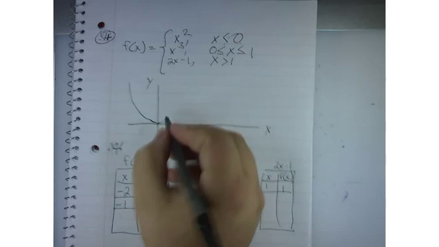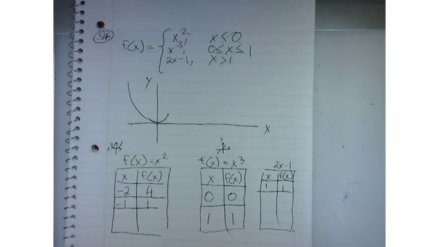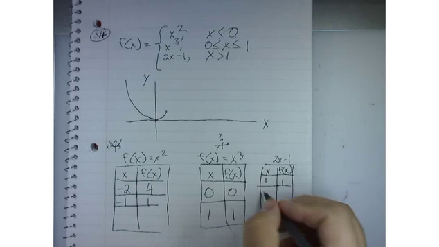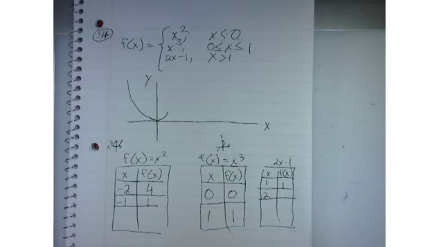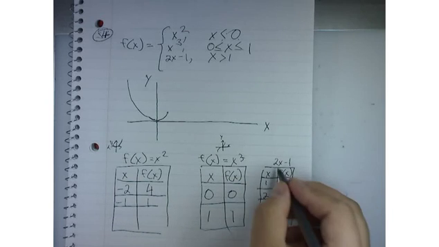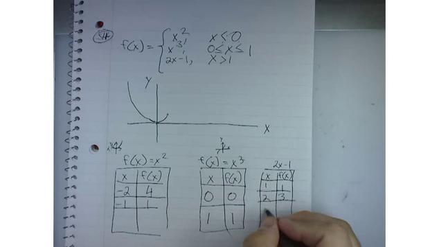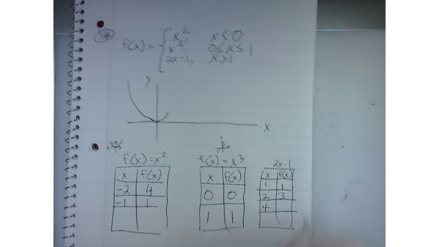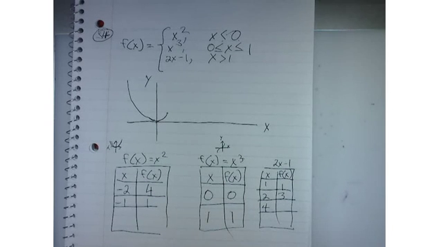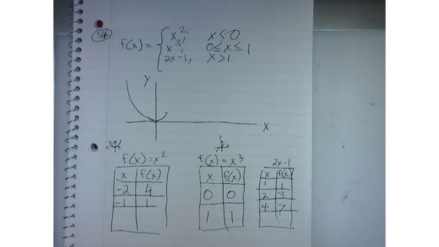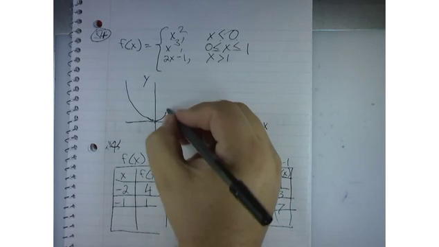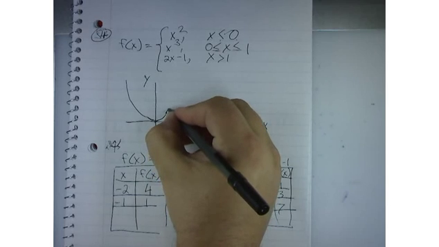So I'm going to be right here at about 1, 1 is where it starts. But then if I plug in 2, I'm going to get 3. If I plug in 4, I would get 8 minus 1, which is 7. So it's a straight line with a slope of 2. So I'm going to go up 2 over 1. So it's going to kind of look like this.